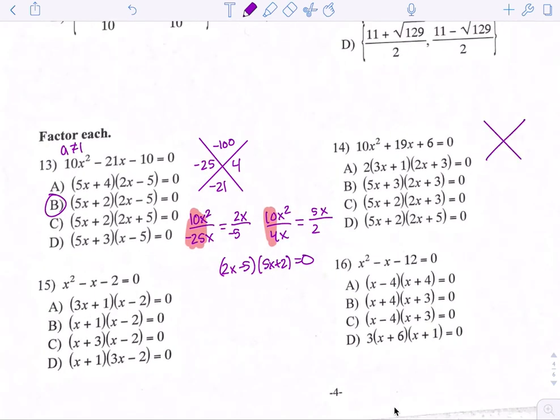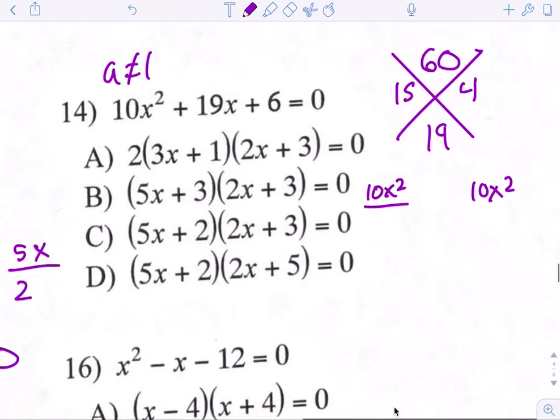All right, 14. Factor. So you guys know A is not equal to 1. So on top, 6 times 10 is 60. Bottom, 19. Two things that multiply to 60 but add together to 19: 15 and 4. And since A is not equal to 1, this is where you guys have to write the first term twice. So 10x squared, 10x squared. So 15x, 4x.